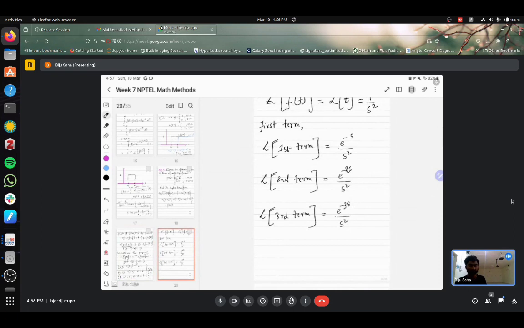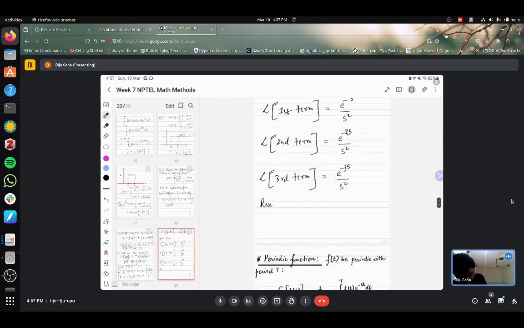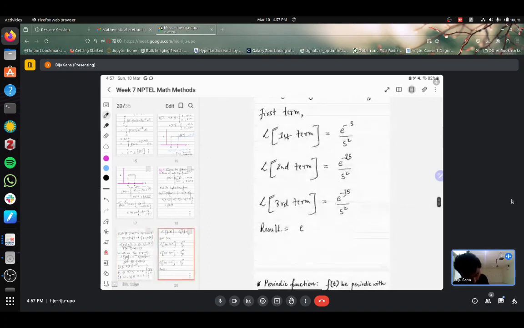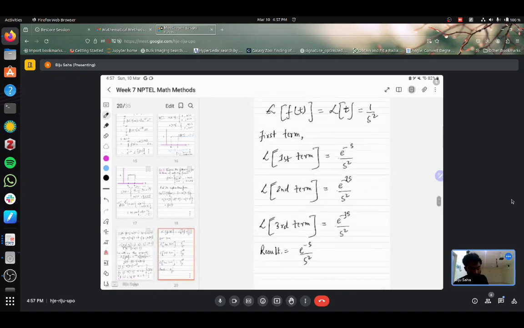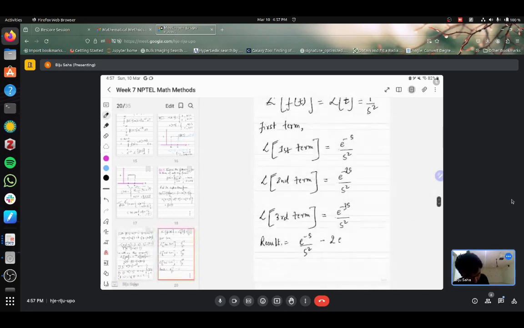So that's all. Now the result is very simple. It is e to the power minus s by s square minus 2s by s square.